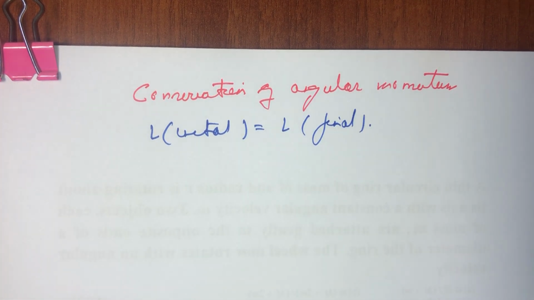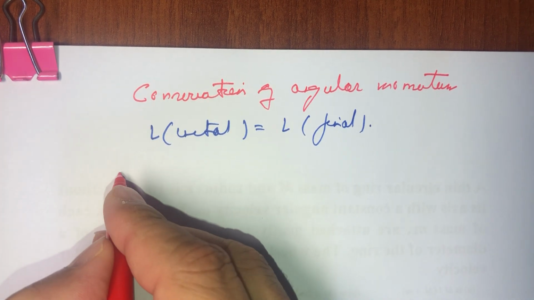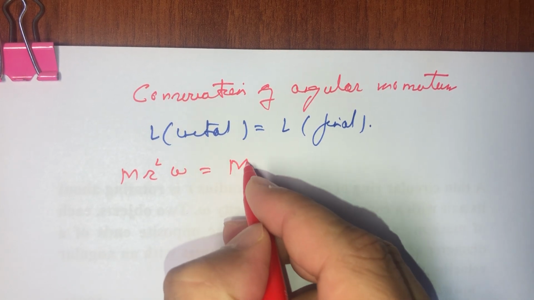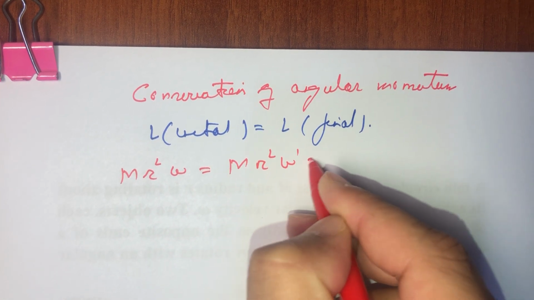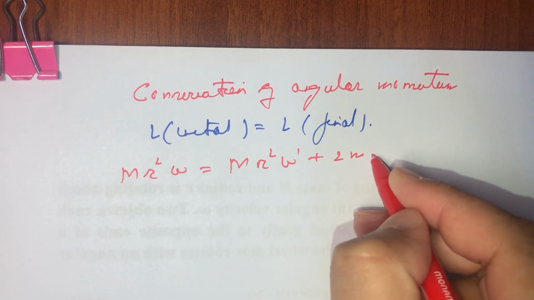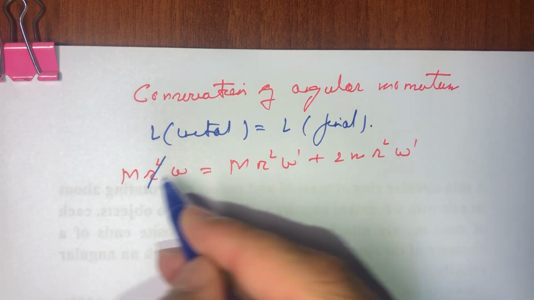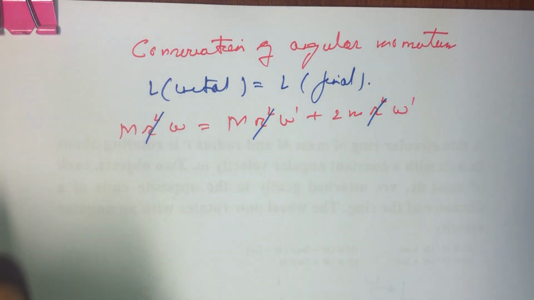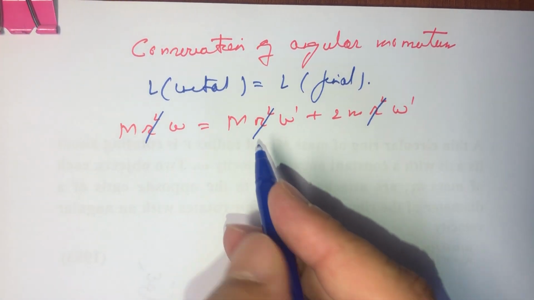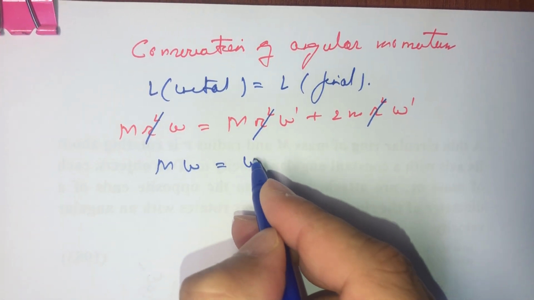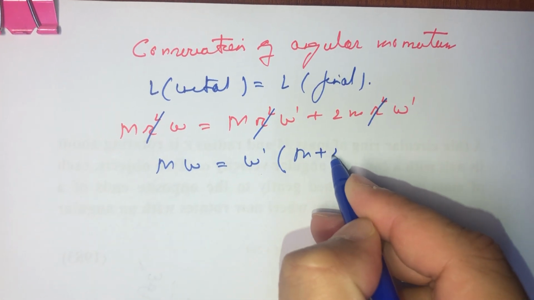So we substitute the values. L initial is given as capital M r square omega, which will be equal to M r square omega prime plus 2m r square omega prime, and here r square cancels throughout, so we can write this as M omega equal to, taking omega prime as common, M plus 2m.